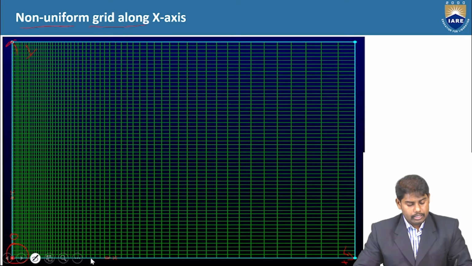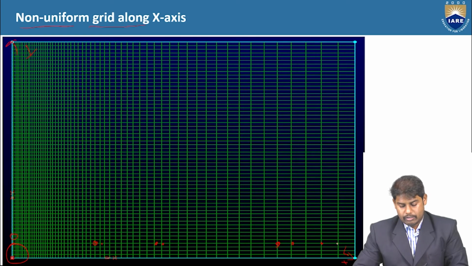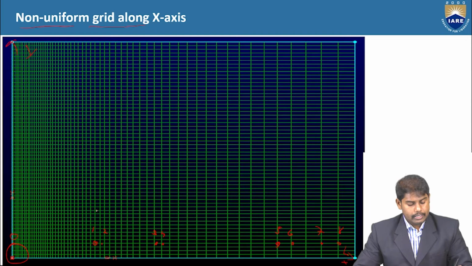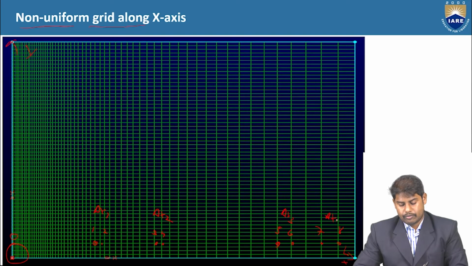Let's say these are our points of interest. So if you see 1, 2, 3, 4, 5, 6, 7, 8. Let's say this is delta x1, delta x2, delta x3, and delta x4.